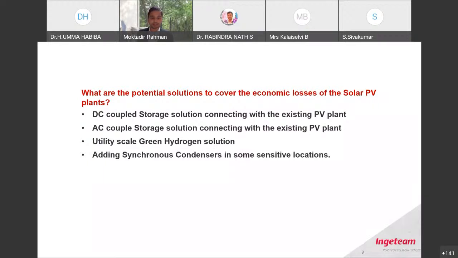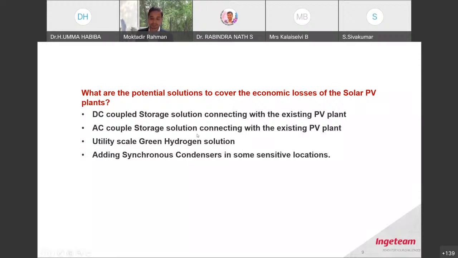For example, in an existing solar or wind plant, you can connect a DC coupled storage solution, an AC coupled storage solution, and a utility scale green hydrogen solution. This is a new topic. And adding a synchronous condenser in some sensitive locations can give you system strength support so that the curtailment of solar or wind will be less.